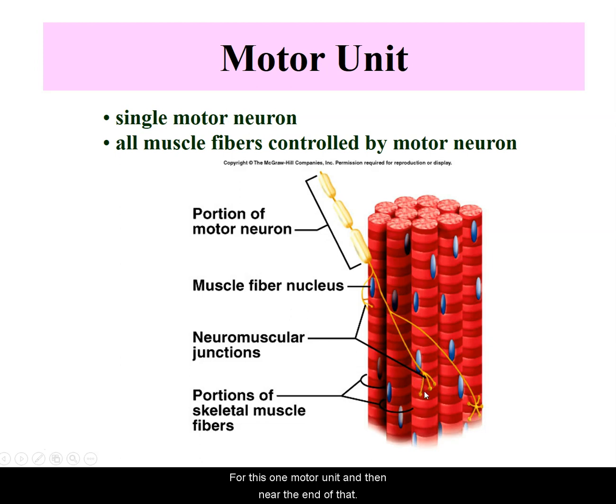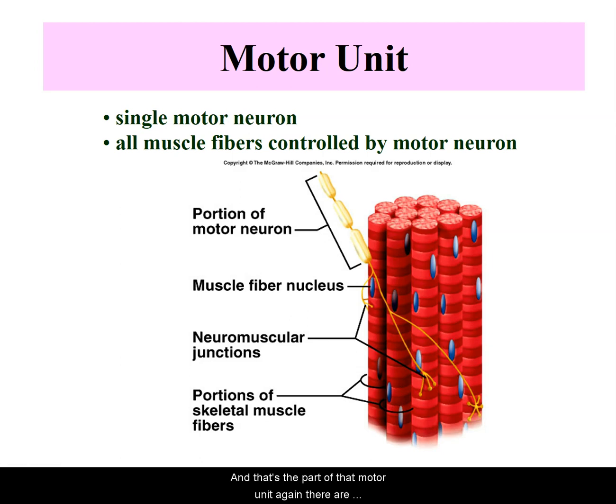Near the end of that axon are these telodendria, with synaptic knobs that are attached to the muscle fibers, this bundle of myofibrils called a motor unit. And where that synaptic knob attaches on that motor unit is called a neuromuscular junction. Portions of the skeletal muscle fibers, those myofibrils there, are part of that motor unit.